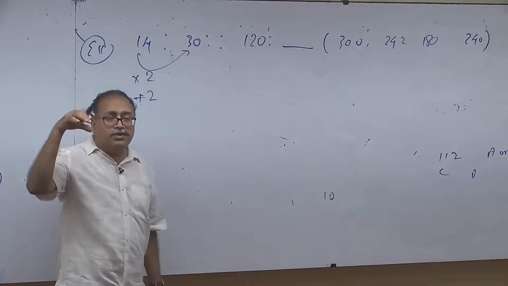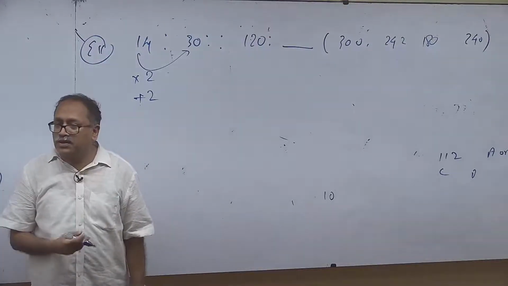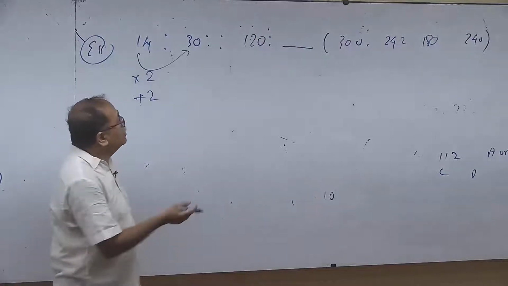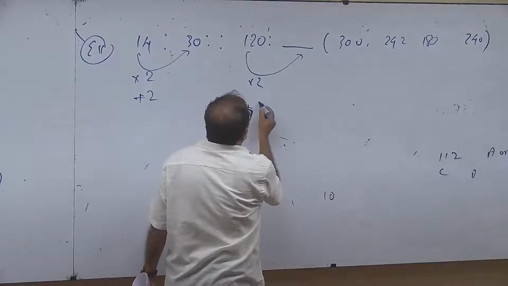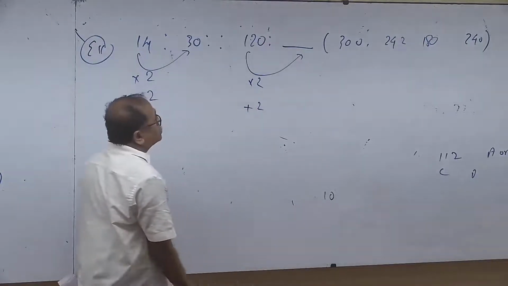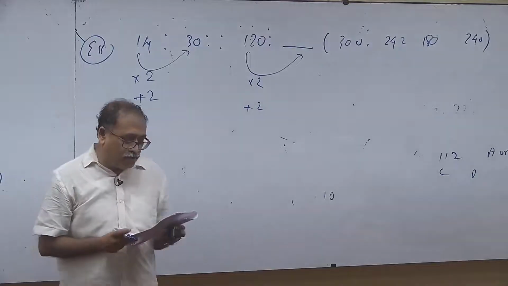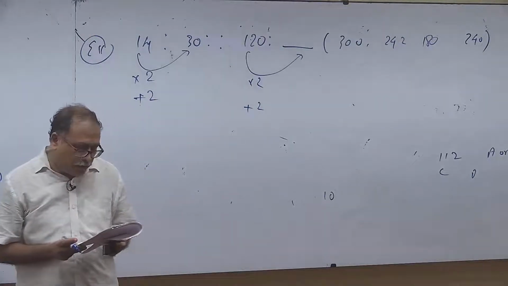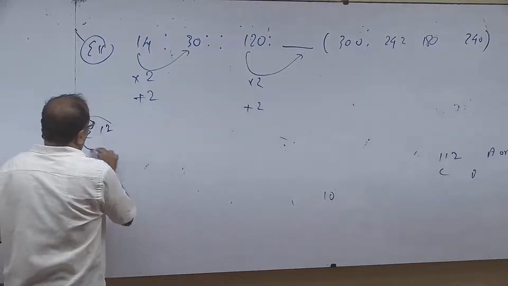Whatever the logic we worked out on the number series, all those type of logics will fall in this, and also even in classifications. So here into 2 and plus 2, 240 plus 2, 242. Okay.